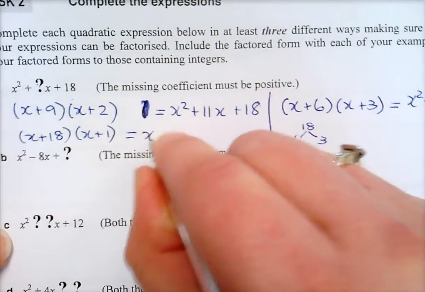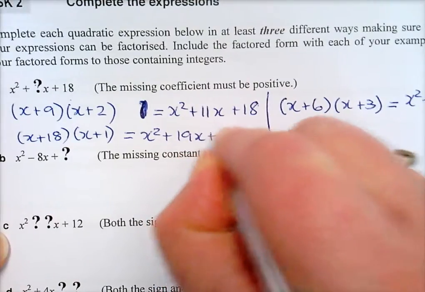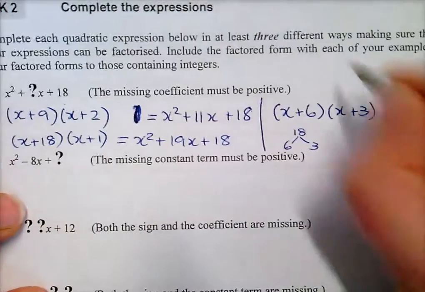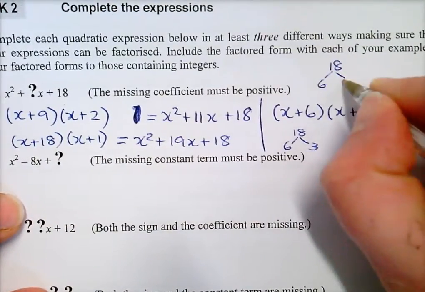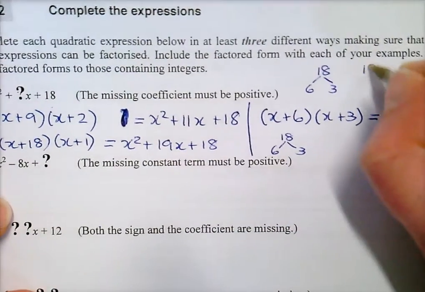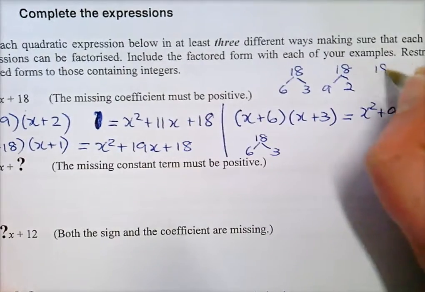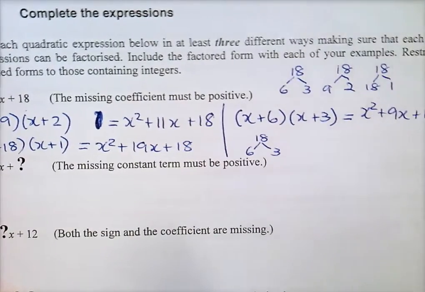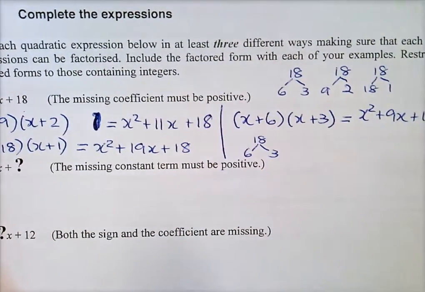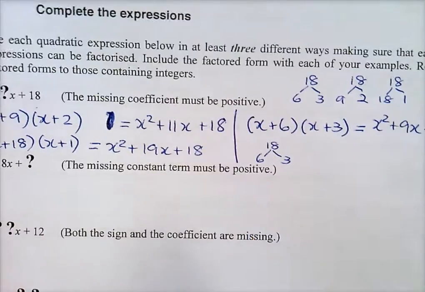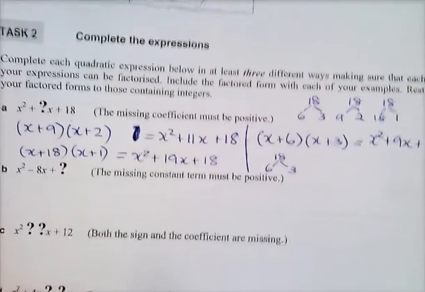Yeah, you'll get 19. So what you do over here, you've got 18. We know 6 times 3 is 18, 9 times 2 is 18, and 18 times 1. And then you can write them all out. Does that make sense? All right, sorry, I shouldn't have written it like that.